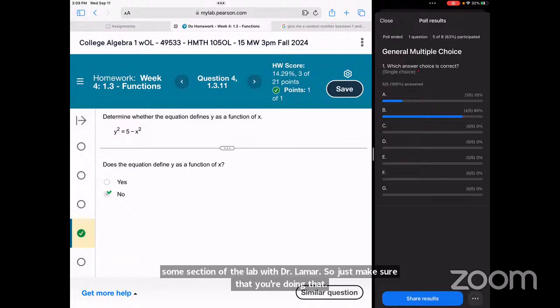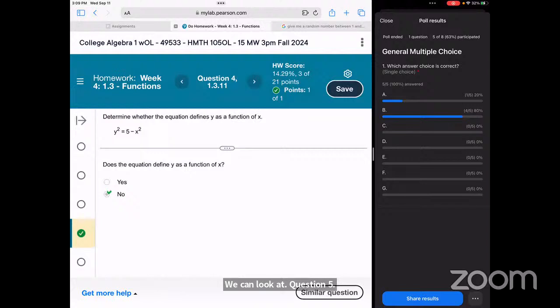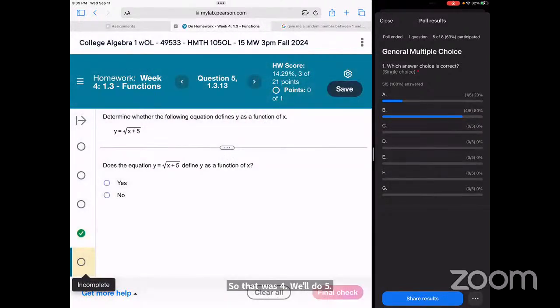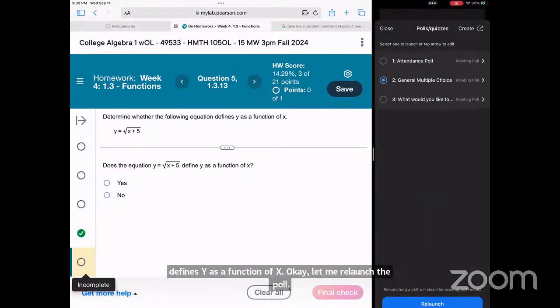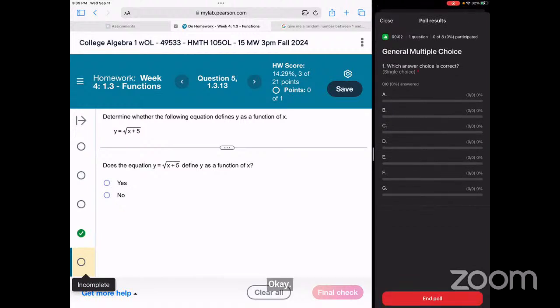Okay, we can look at question 5. So that was 4. We'll do 5. All right. So determine whether the following equation defines y as a function of x. Okay, let me relaunch the poll. And let's just take a moment.